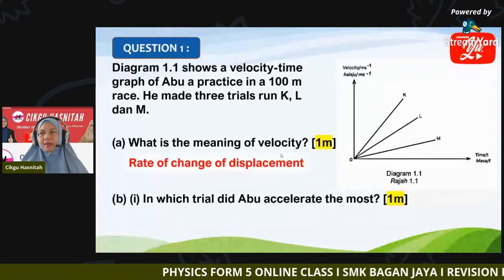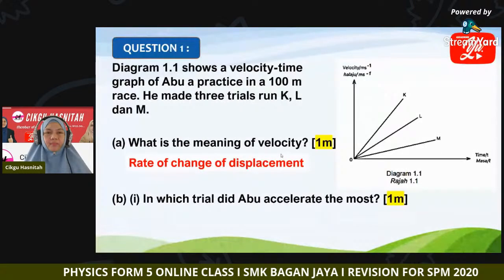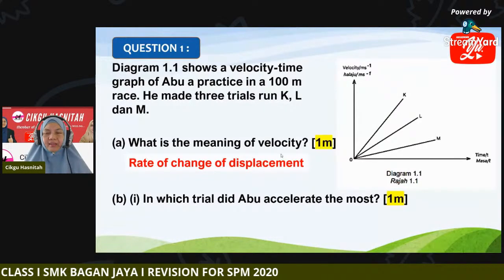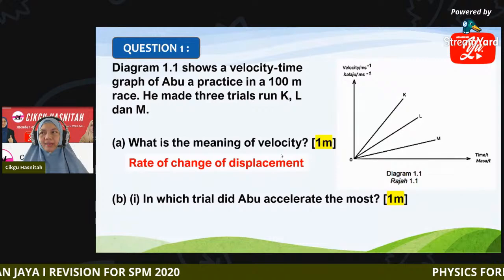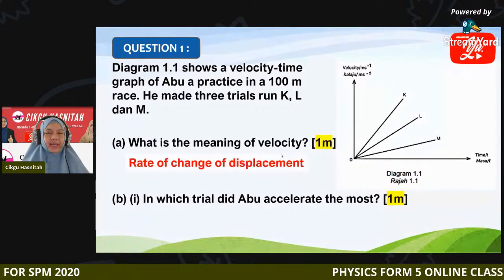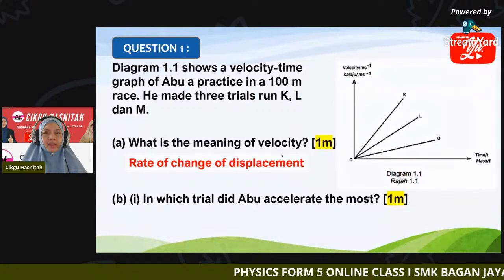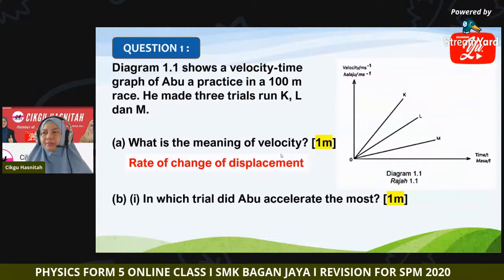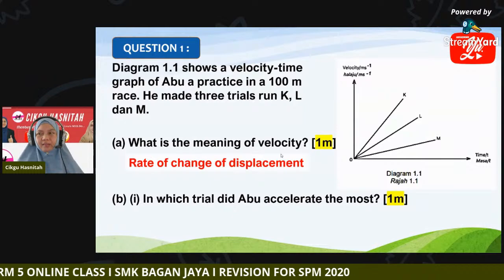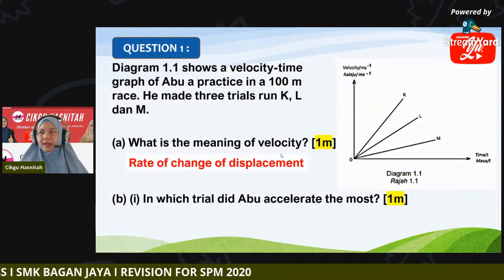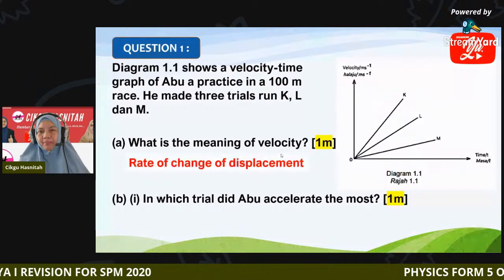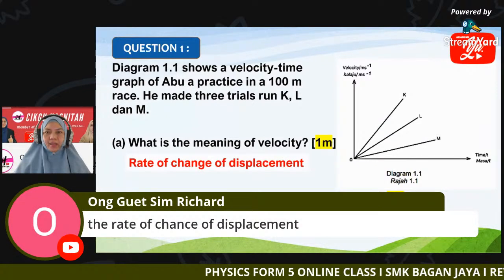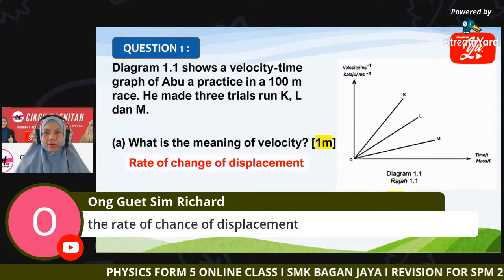Then B1. In which trial did Abu accelerate the most? The first trial K, second trial L, or the third trial M? Which one did Abu accelerate the most? K, L, or M? Okay, very well. The first answer is rate of change of displacement.